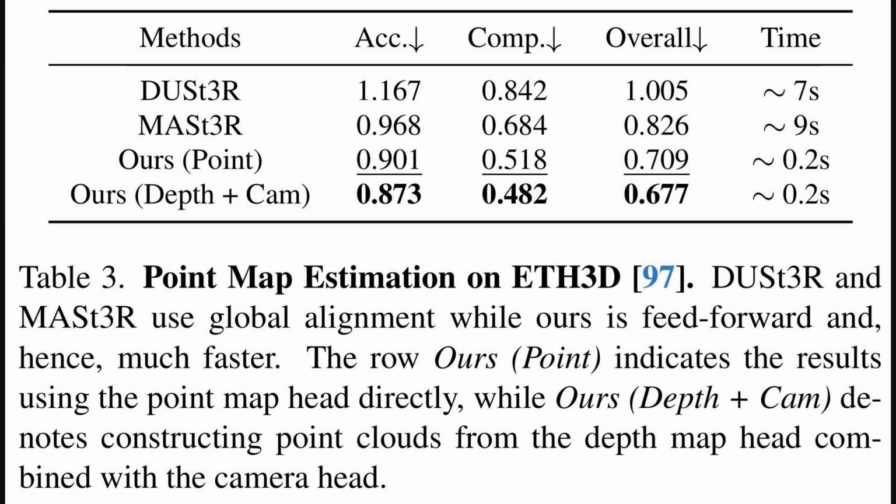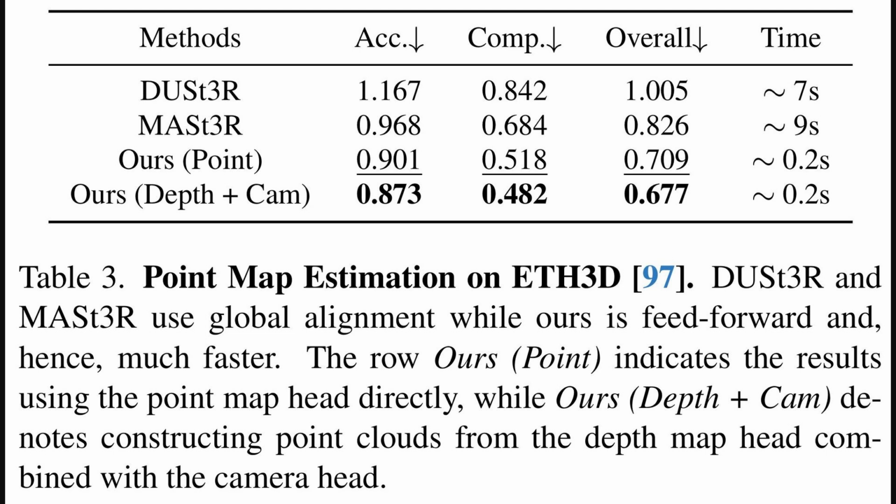Alright, so after looking at depth estimation, Table 3 shifts focus again, this time to point map estimation on the ETH3D dataset. We're still looking at accuracy, completeness, and overall scores, where lower is better, plus the processing time. You can see VGGT, listed as ours, significantly beats Dust3R and Mast3R just using its direct point map output, getting an overall score of 0.709 versus their 1.005 and 0.826.